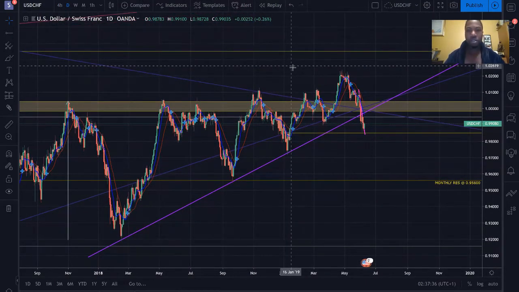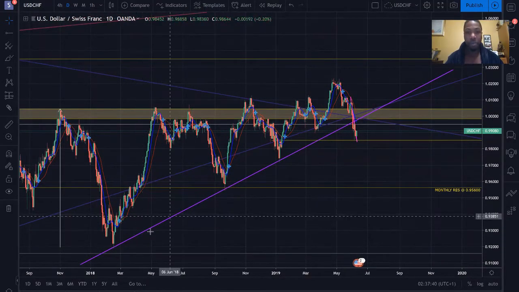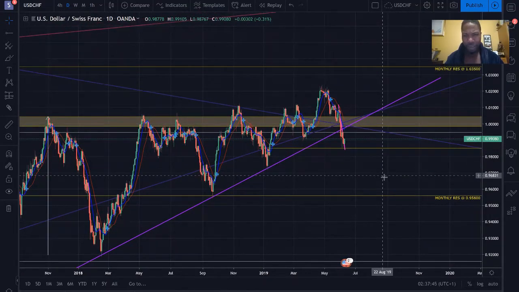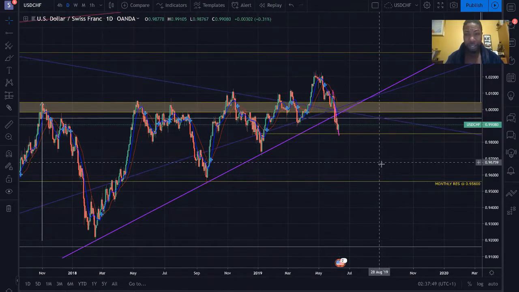USDCHF. So as you can see, guys, we are trending up following this purple outer trend line. Last week, we actually broke below it, and a lot of people may be with the bears with US pairs right now. I've been seeing fellow traders talking about the weak DXY.